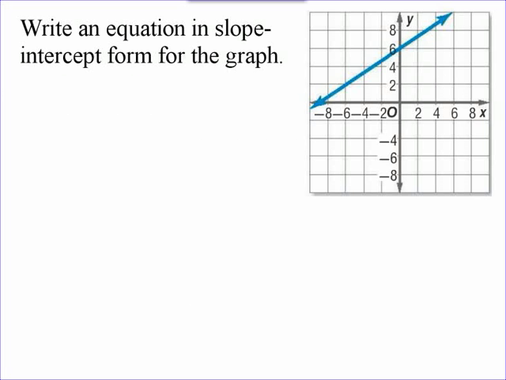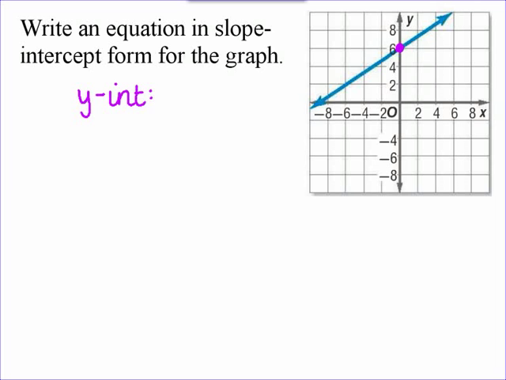So let's go and look at an example. It says on this example, write an equation in slope-intercept form for the graph. So the first thing I'm going to do is look at the graph and see, do I know the y-intercept? Do I know where it intersects the y-axis? Up here at 6.